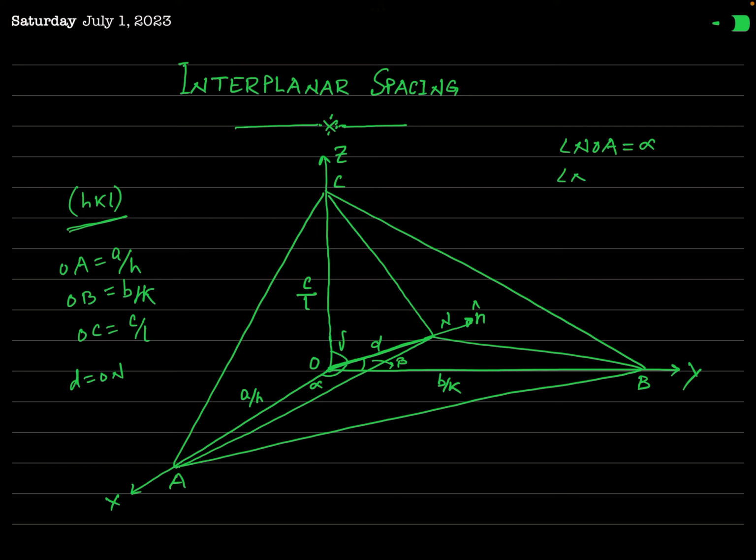Again the angle NOB, between the perpendicular and the second axis OY, is equal to beta. And the angle between ON and OC, that is NOC, we assume is equal to gamma.